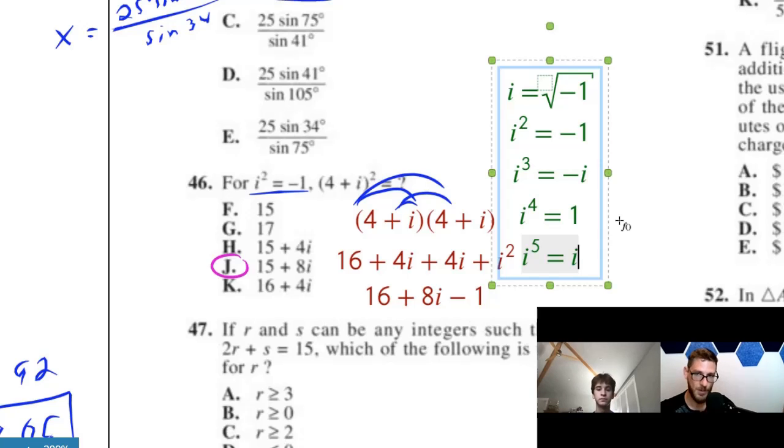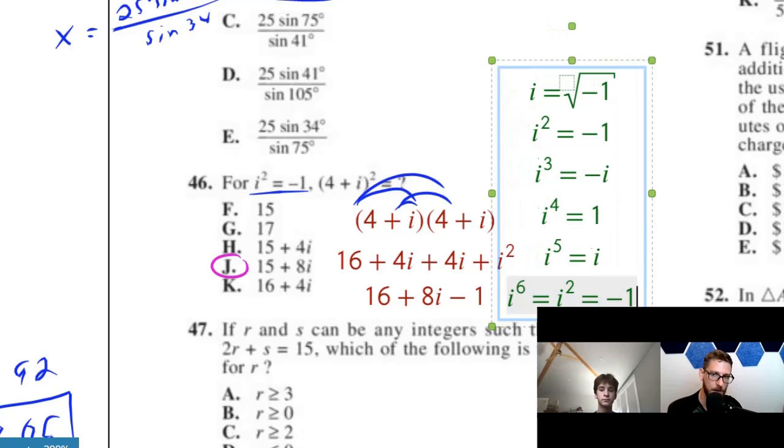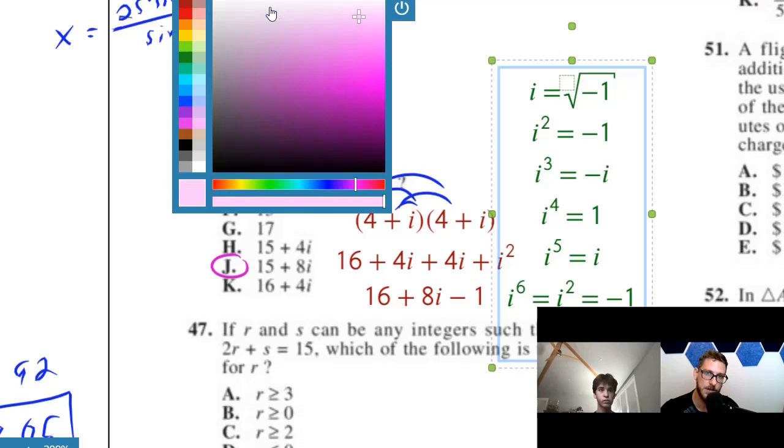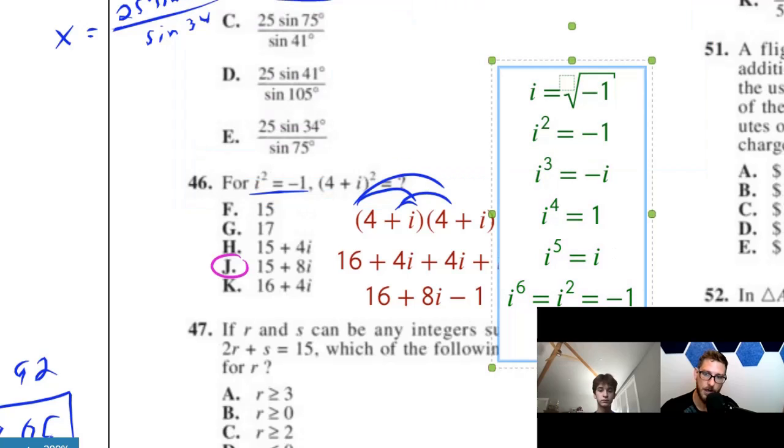So then i to the sixth would be the same as i squared. i to the seventh is the same as i to the third, and i to the eighth is the same as i to the fourth. Because there's a pattern there, let me write that out real quick. So i to the sixth is the same as i squared, which is -1. And i to the seventh is the same as i to the third, which is -i.